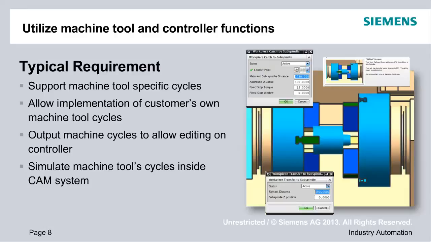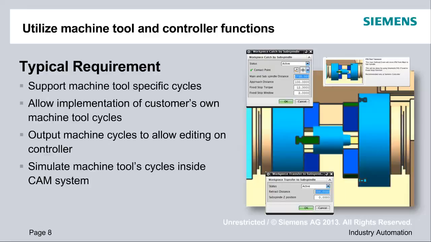It's cycles for steady rest, or cycles to have a travel to fixed stop, where the machine tool is moving until it hits the part, and after it hits the part it's doing some machine functions automatically. And inside NX we have a possibility to implement such machine-specific functions, not only for the Numeric controller, also for all other controllers.